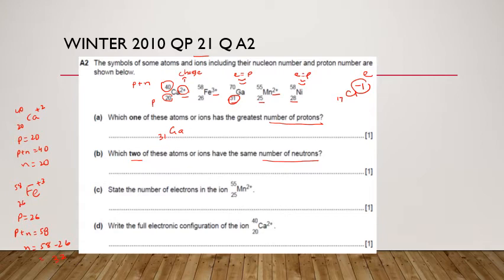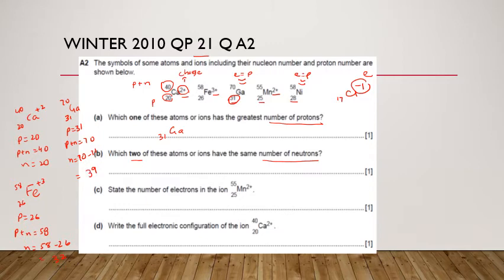that is 32. Then coming to gallium, which has 31 and 70. Protons are 31, and protons plus neutrons equals 70, so neutrons would be 70 minus 31, which is 39.